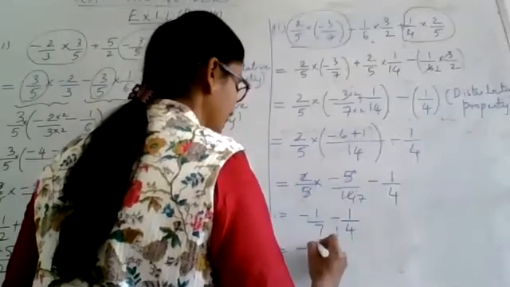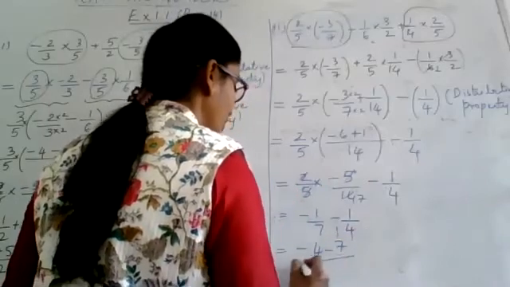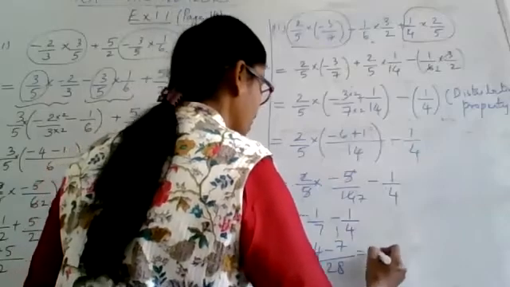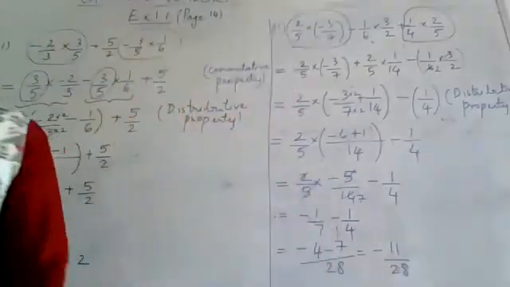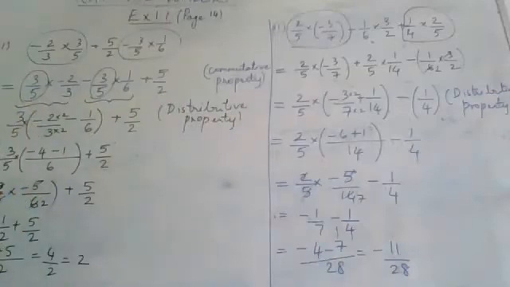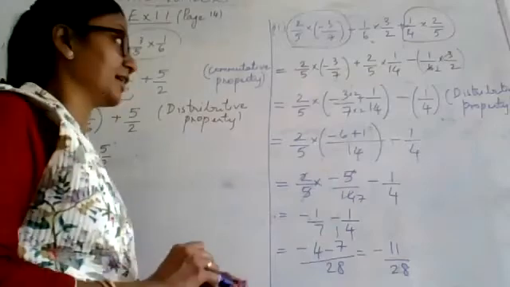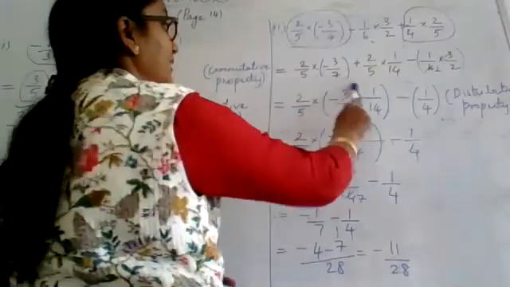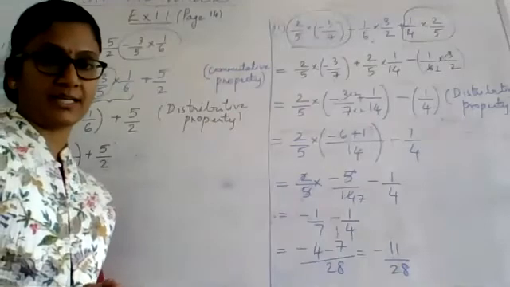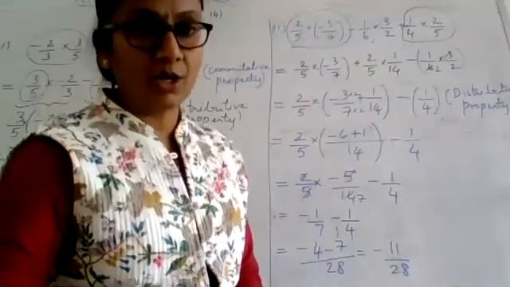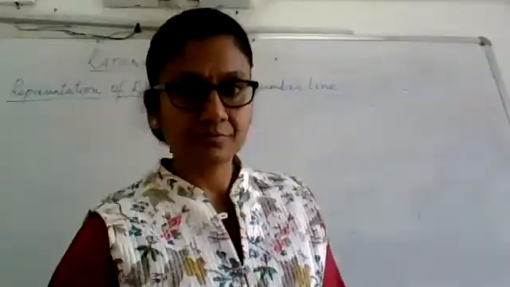So this will be negative 4, negative 7 whole divided by 28, or it is negative 11 by 28. So this is how I simplify this problem. So I am using the distributive property here again. Distribution of multiplication over the addition. So this is how you have to use your properties to complete problems on rationals.